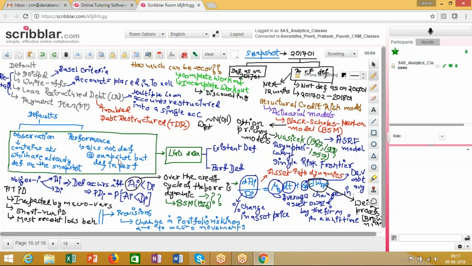And third, if a borrower has gone into default, what are the chances that there would be some recovery from there, and what would be the loss given default, right?